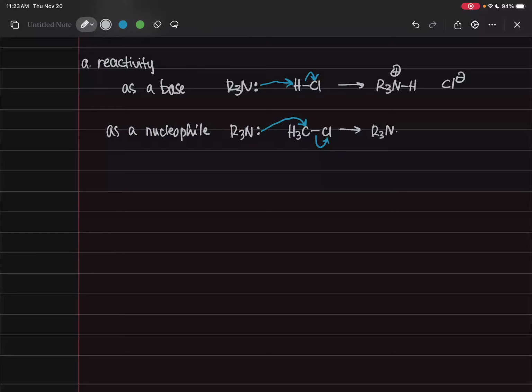And so we get R3N CH3 with a positive charge, and again, the chloride counterion. So those reactions are really the same. It just depends on whether you're attacking a carbon atom or a hydrogen.